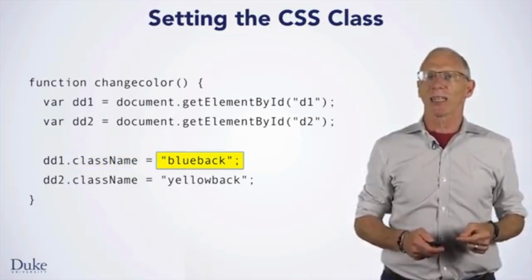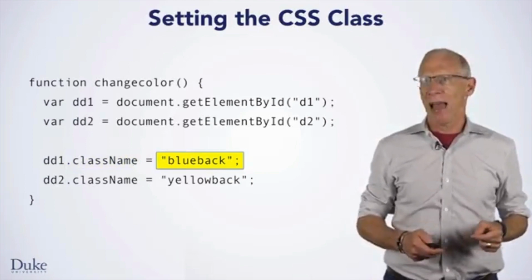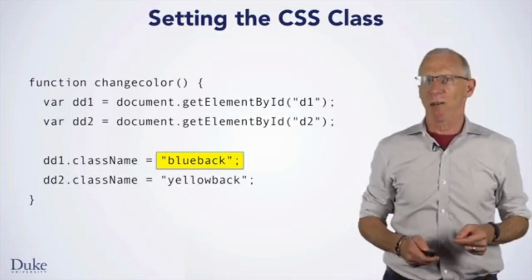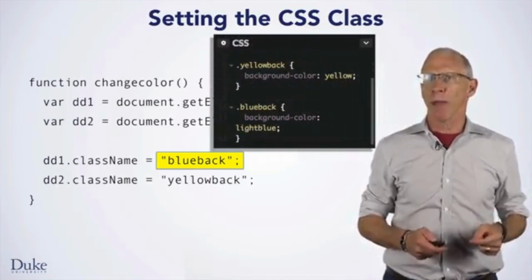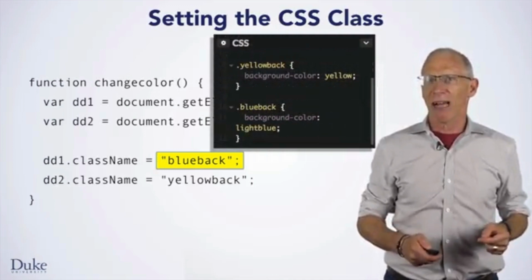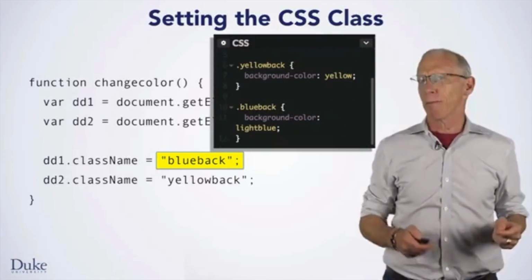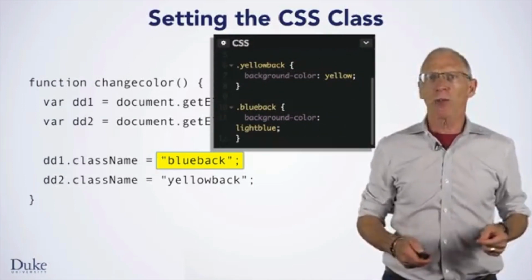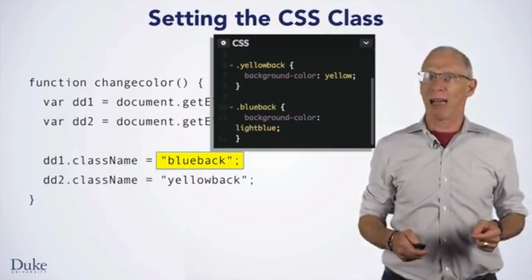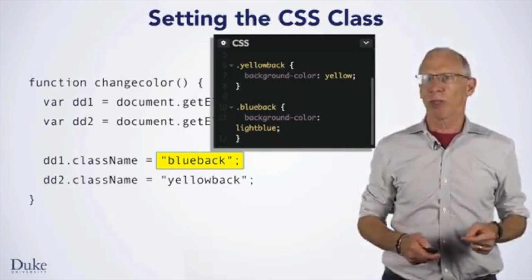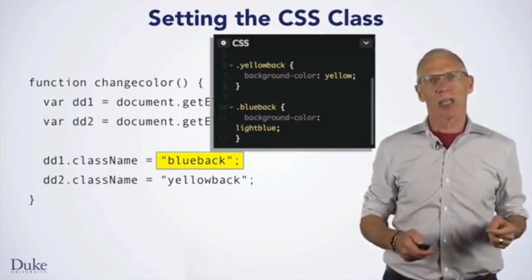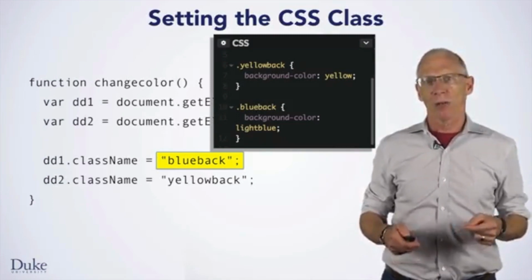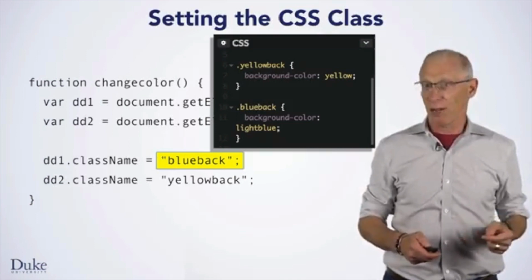The code assigns the class name Blueback as the class of the div stored in variable dd1. As you can see in the CSS panel of the CodePen page that we've shown here, the class Blueback has a specific background color. If other CSS characteristics were part of this class Blueback, these characteristics would also be part of the div labeled d1, as a result of assigning the class Blueback to the variable dd1 in JavaScript.